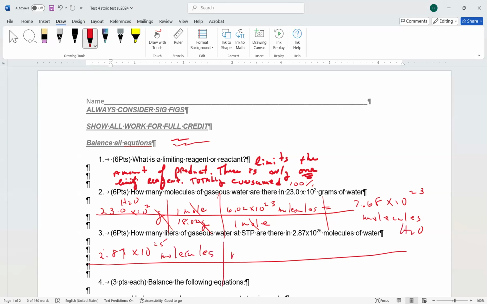I want to convert that to moles. And for moles, we want to get to liters.